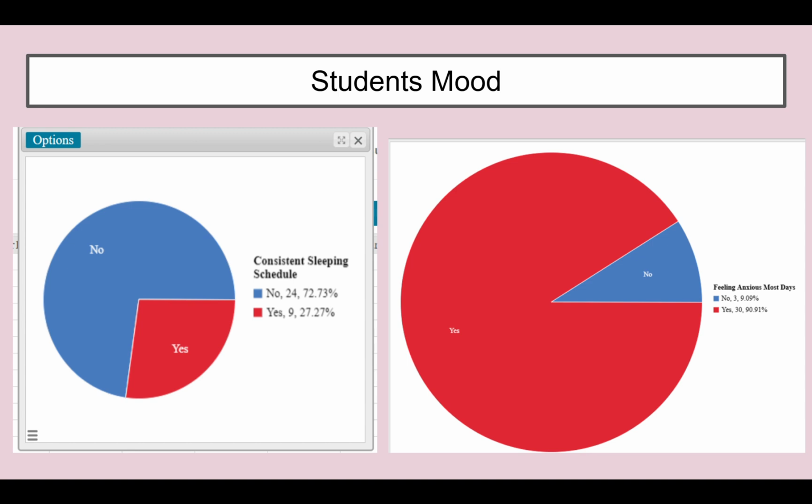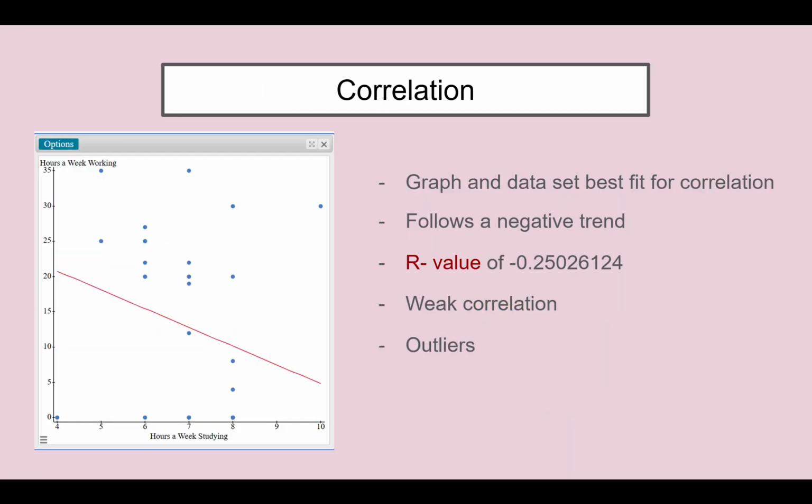If you don't get enough sleep, you just don't feel your best, and you're not going to do your best. You're going to be feeling anxious. But I couldn't find a way in StatCrunch to input that. It was more numerical to do correlation.